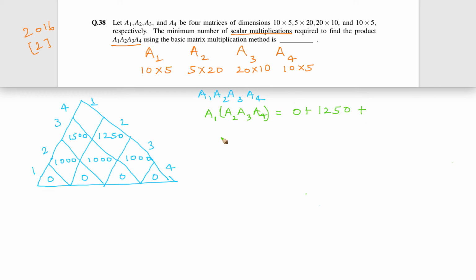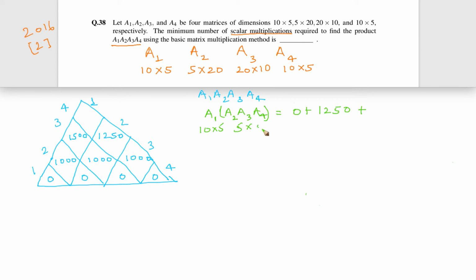Plus, now let's understand the dimension of A1: it is simply 10 comma 5, as already given. Now A2 into A3 into A4 is basically 5 cross 5, the final dimensions.